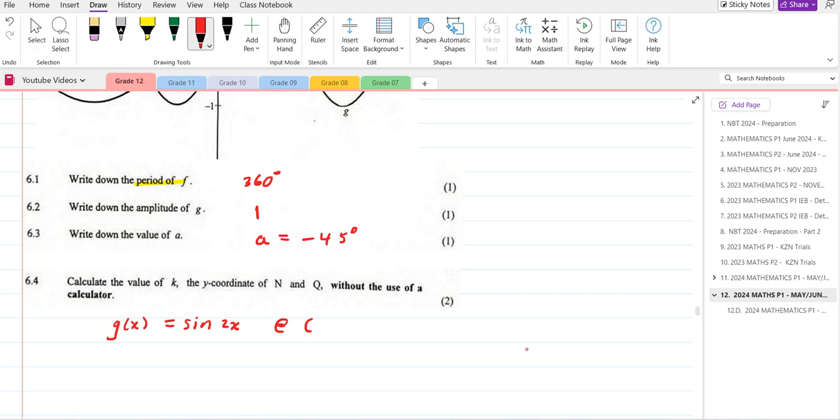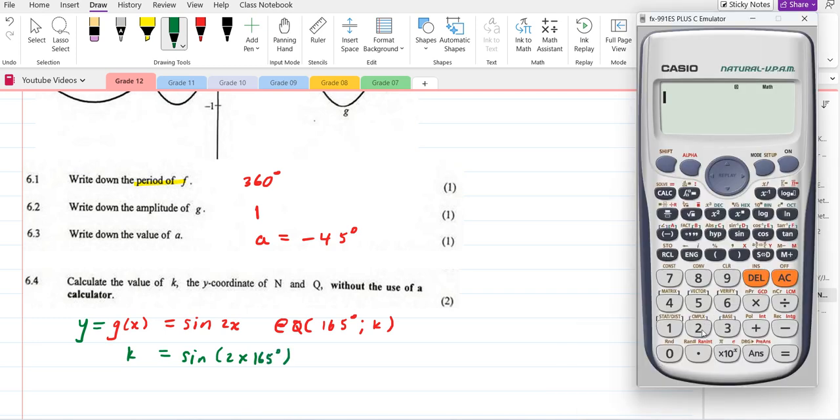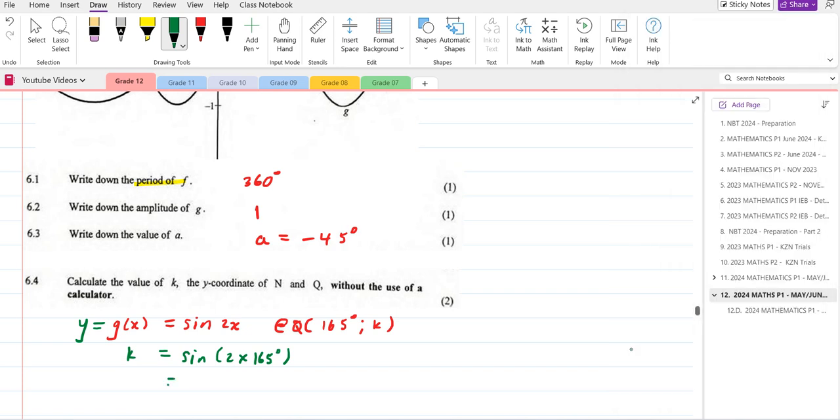At Q, which is 165 degrees and k, I'm choosing point Q. So remember, g of x is the y value. It's like y equals, so y is k, and sine 2 times 165 degrees. Now what's 2 times 165? 2 times 165 is 330. So sine 330 degrees.